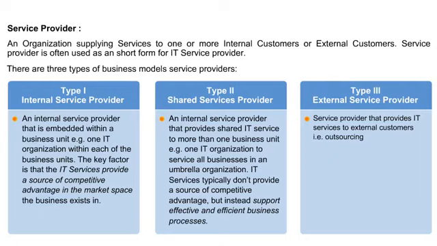Type 3 is external service provider, which provides IT services to external customers, that is to say, outsourcing. The next key term that we will get introduced to is supplier. Who is a supplier?